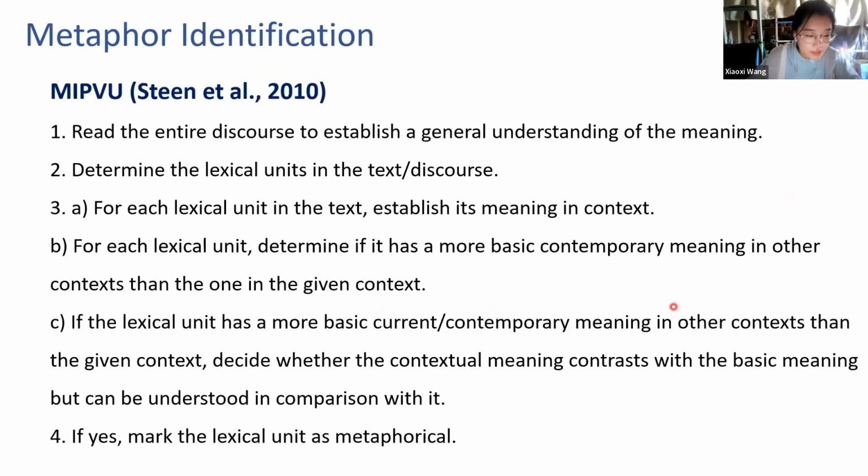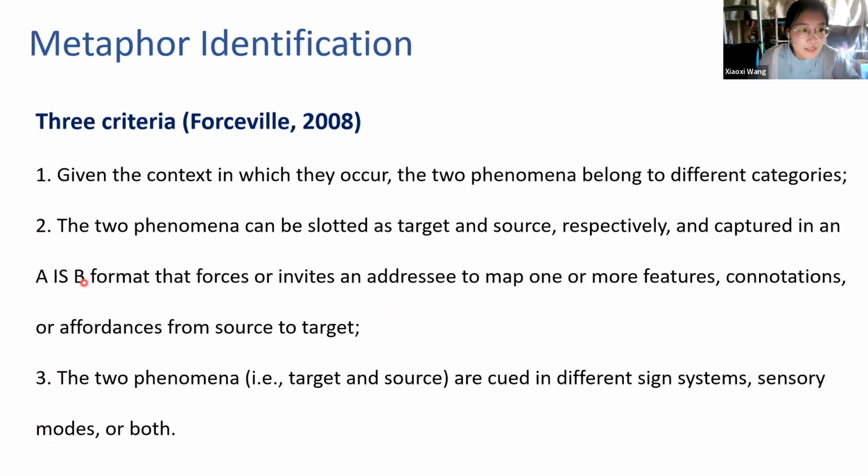To identify the multimodal metaphor types in PSW, we use MIPVU to identify the text metaphors. It includes several steps, and because of time limitation I will not introduce them one by one. Another is the three criteria proposed by Forceville to identify the pictorial metaphors.